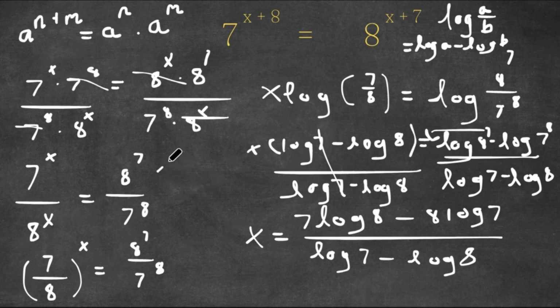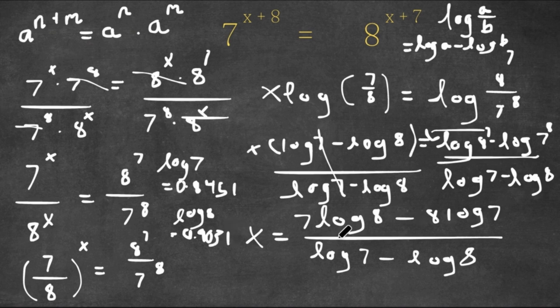Now, log 7 is approximately equal to 0.8451, and log 8 is approximately equal to 0.9031.